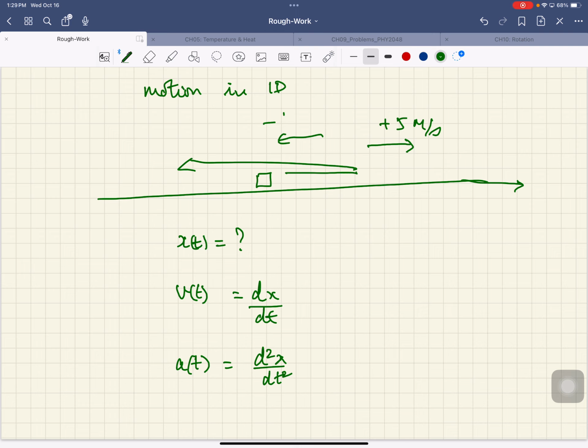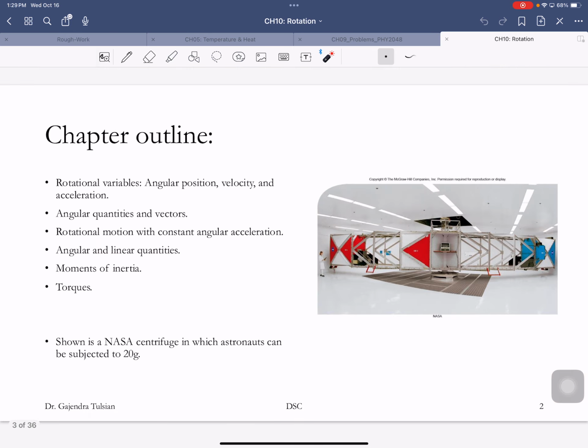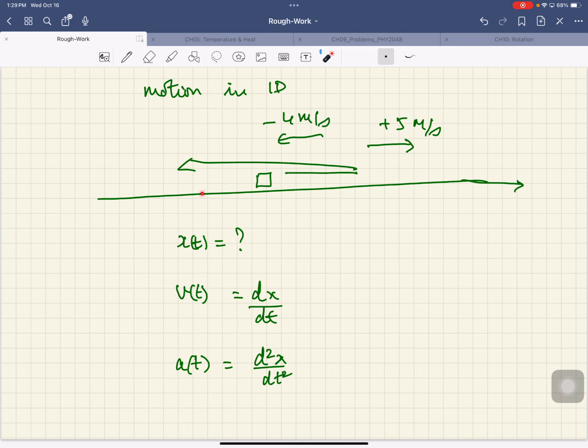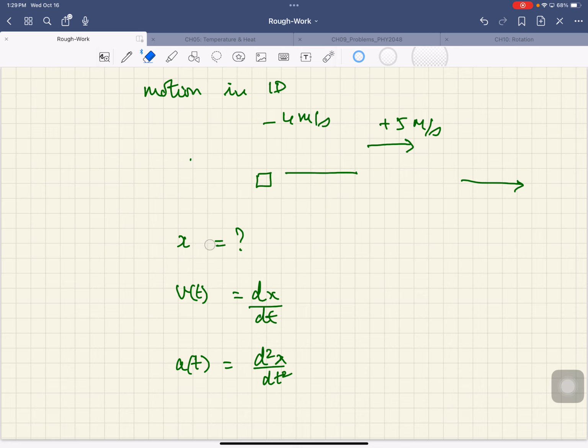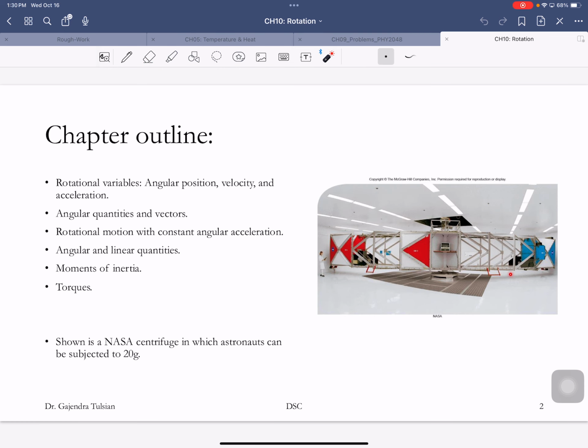The sign told you which way the vector was pointing. So this was one-dimensional motion. Now it turns out, it's not too obvious, but rotational motion about a fixed axis and this one-dimensional motion are cousins. Every formula that you've seen for this motion will give you a corresponding formula for this motion.